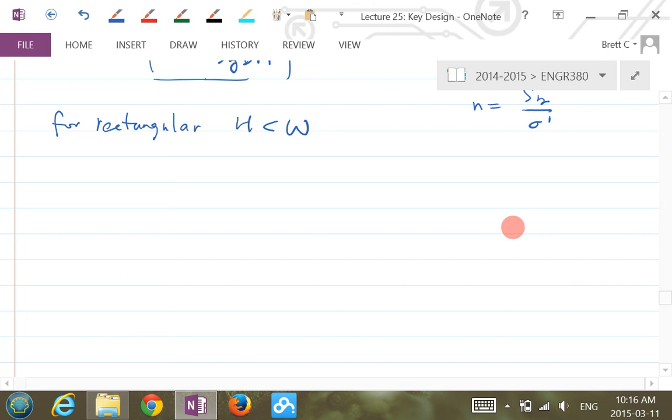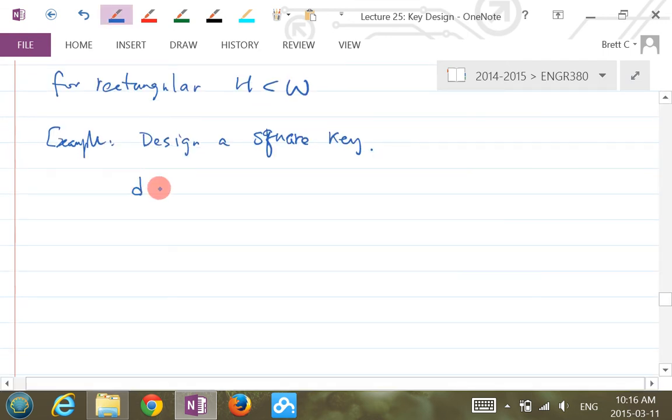Okay, let's take a look at a quick example right here. Let's say we're designing a square key. The shaft diameter we obtained is 25 millimeter, and the shaft is transmitting power of 15 kilowatts, spinning at 720 RPM.